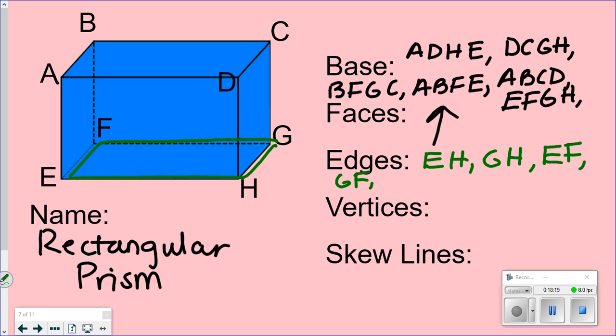Okay, what's another one? AB. So we could do AB, BC, CB, and BA. So everything I just listed is here. Okay, so we have the sides.